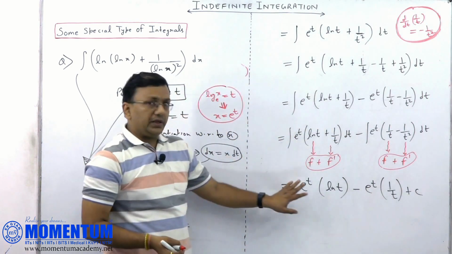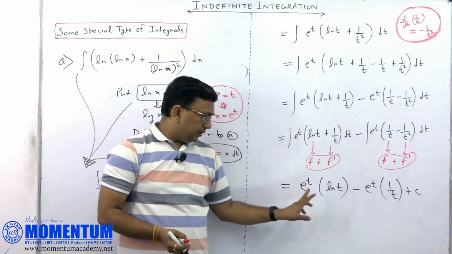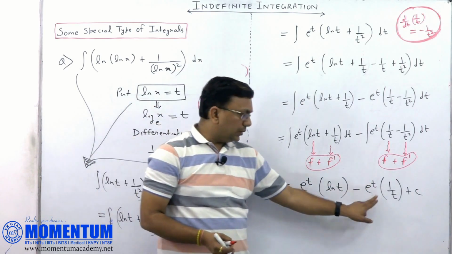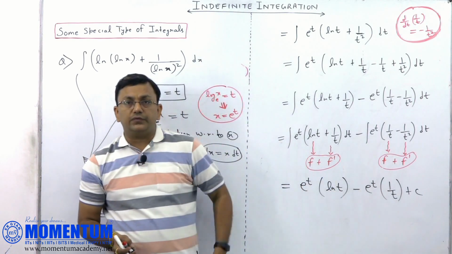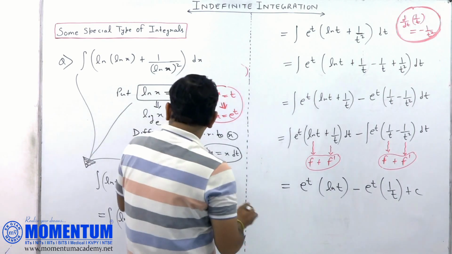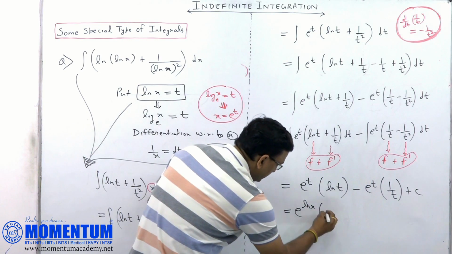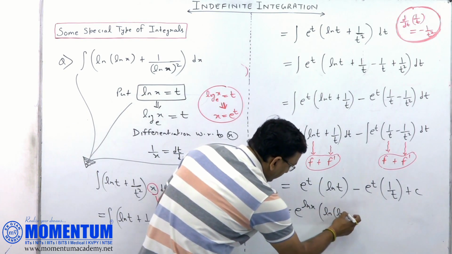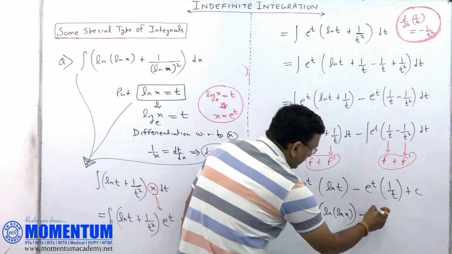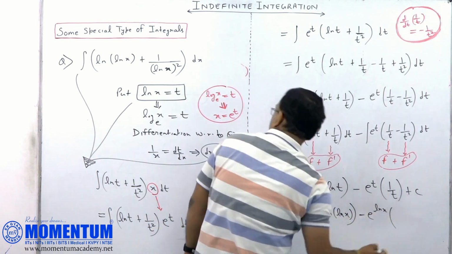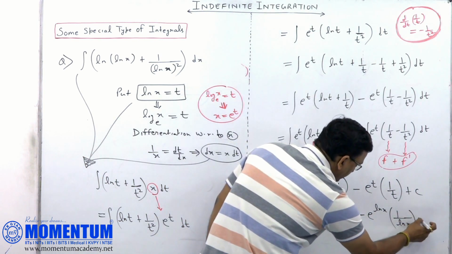I have applied the result of special integral number 2, which is e to the power t into function. Now, the final answer we will give in terms of x. So, put the value of t. So, e to the power ln x into ln of ln x, minus e to the power ln x into 1/ln x, plus c.